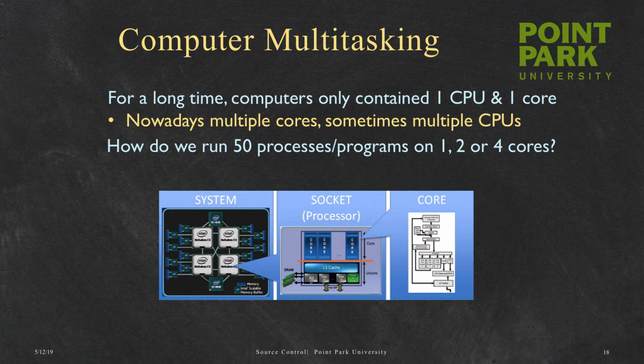So in this example here, showing you a system with multiple CPUs, the socket, the processor, the core. Before my time and probably your time, computers were so big, so large, and all the work they did was not comparable to what a laptop can do today.